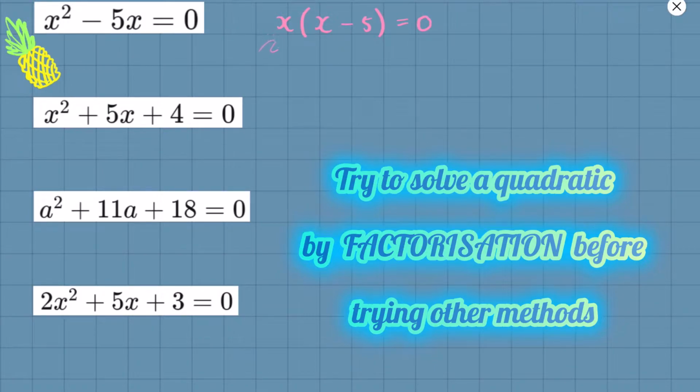We could say, okay, when x equals 0, that's this one right here, that would give us a solution. Or when x minus 5 was equal to 0, that would give us a solution. And if we just add 5 to both sides, we'll see that we get x equals 5.